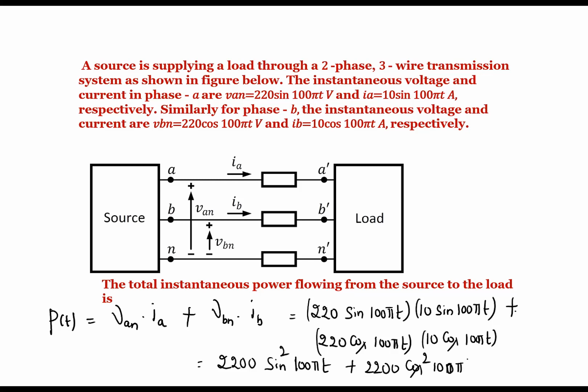Very simple. Take 2200 common. Sine square 100 pi t plus cos square 100 pi t is 1. So what is the option? 2200. So 2200 watt is the instantaneous power supplied by this two-phase source to the two-phase load. It is a GATE 2018 question, whether you know the meaning of instantaneous power or not.